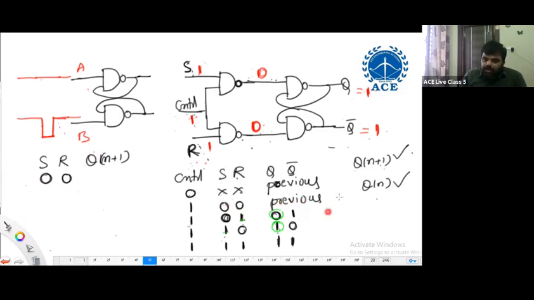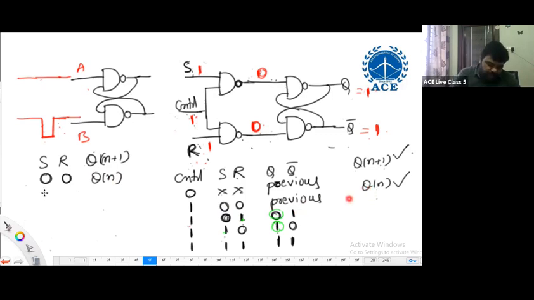Q of n plus 1 is also Q of n only. Whatever is there before sensing to the inputs will be there after sensing to the inputs also. When SR is 0, 0, Q of n plus 1 will be Q of n itself, because it is previous. Previous is nothing but Q of n itself.